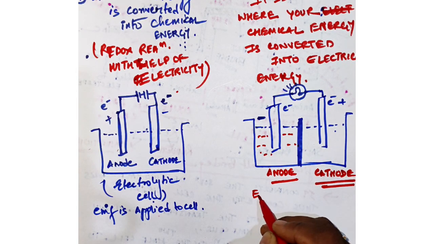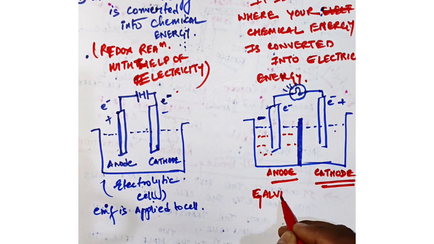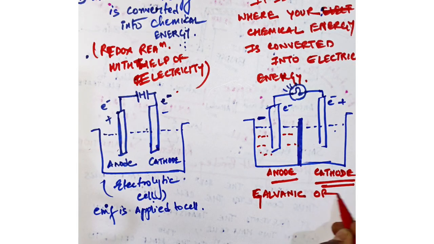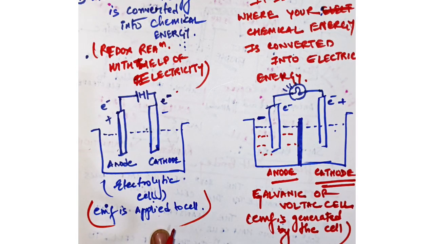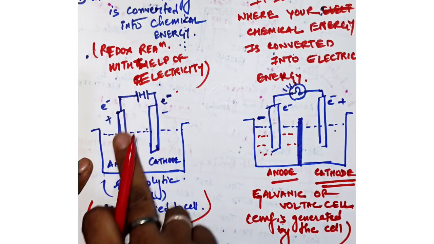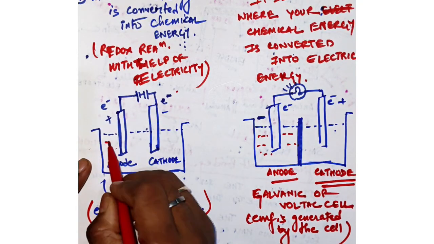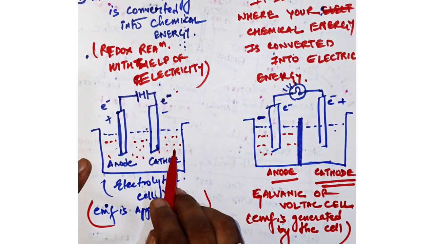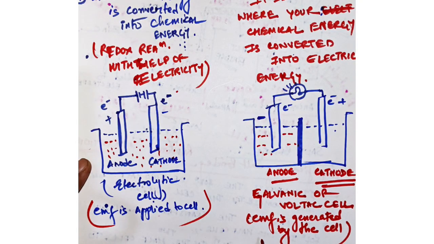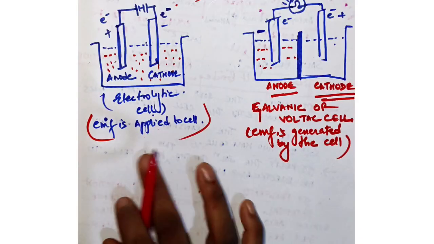This is called the galvanic cell or voltaic cell. Here EMF is generated by the cell. In the electrolytic cell, EMF is applied to the cell. That means electricity is applied, and hence chemical energy is formed. Here EMF is generated by the cell itself. It has not been applied to the cell. So this is the diagram of both.